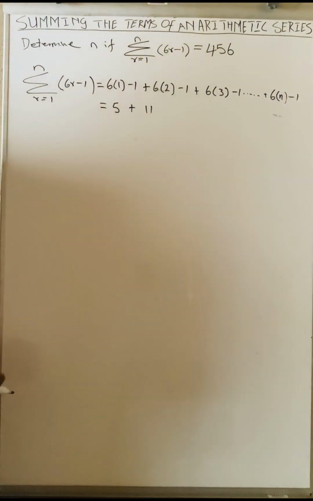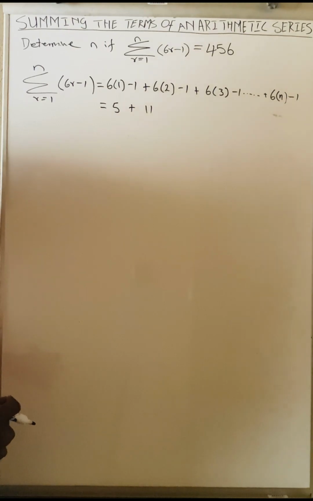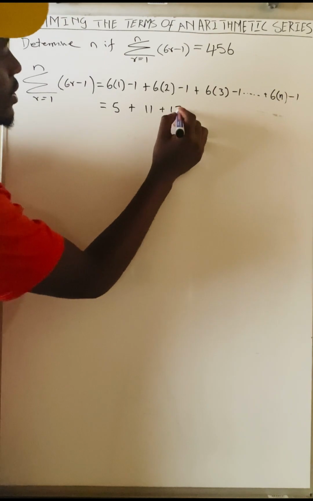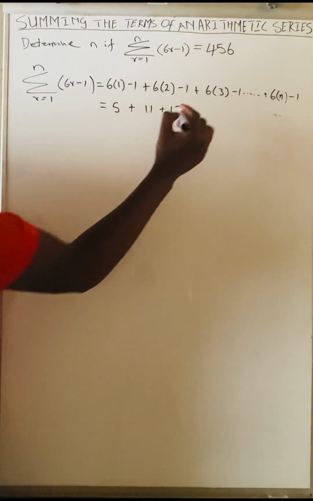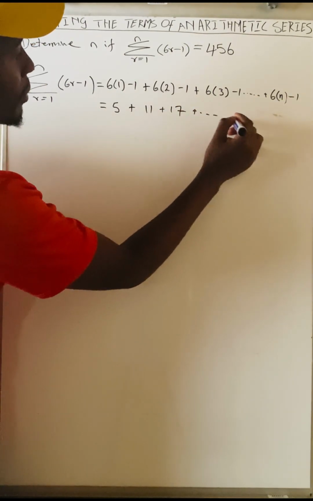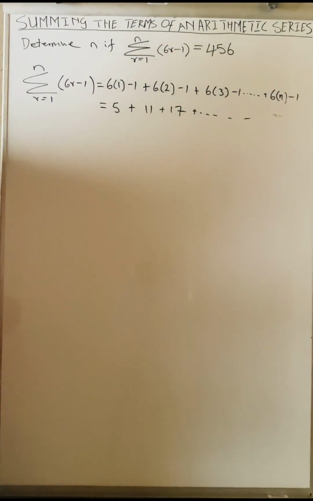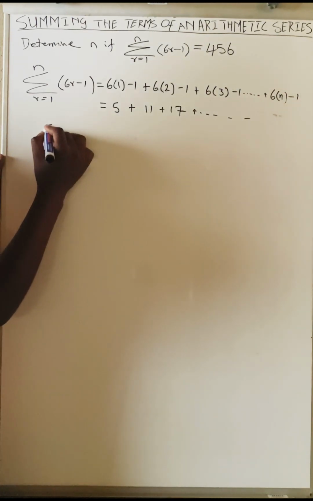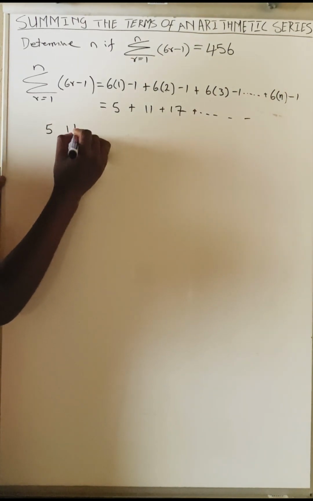Then with another one, you'll get 17, and so on. This is your sequence, my friend: 5, 11, 17.